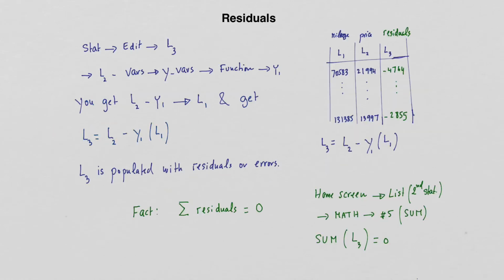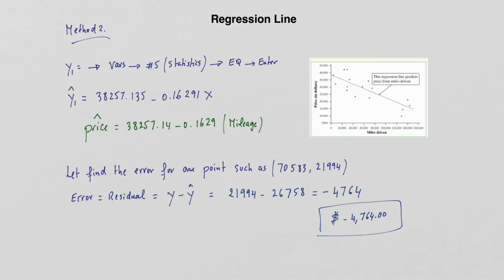Here's how you do it. Y, which is L2, that's easy, minus Y hat. What is Y hat? Y hat is my Y1 on my calculator. You remember this? My Y1.